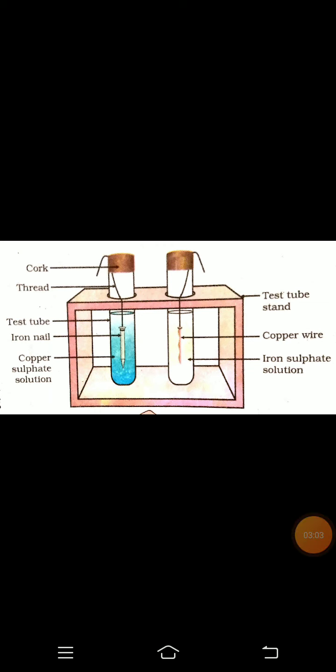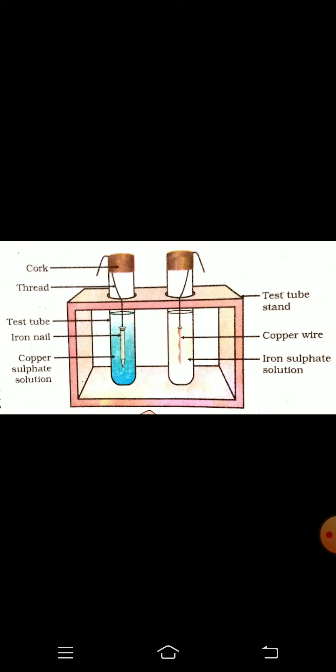So we can form a general equation for reaction between metals and other metal salts. It can be written as metal A plus solution of B gives salt solution of A plus metal B.